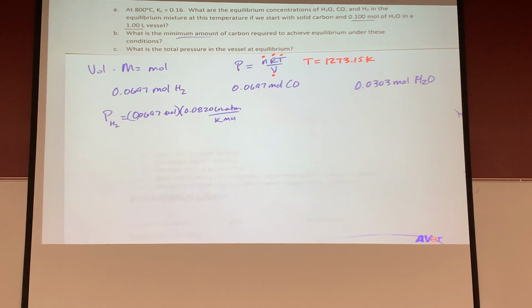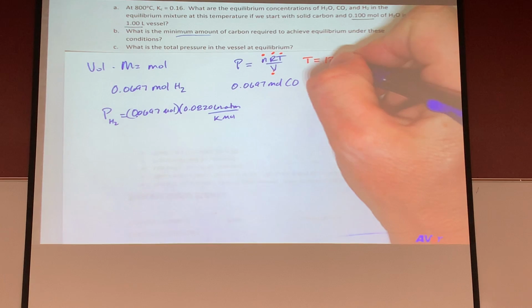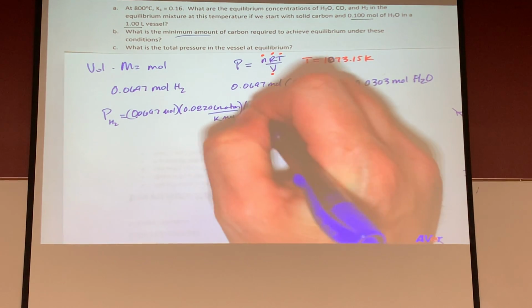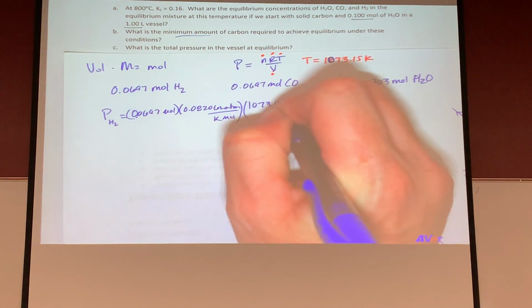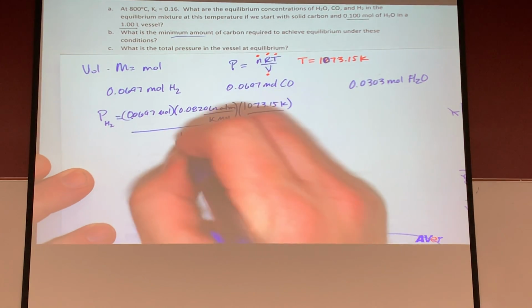Actually, no, because that adds up to 0.1. No, you're good. Shouldn't the temperature be 1073? 1073. Yeah, it should be. I can math. And then temperature 1073.15 kelvins. And all of that's over 1.00 liters.